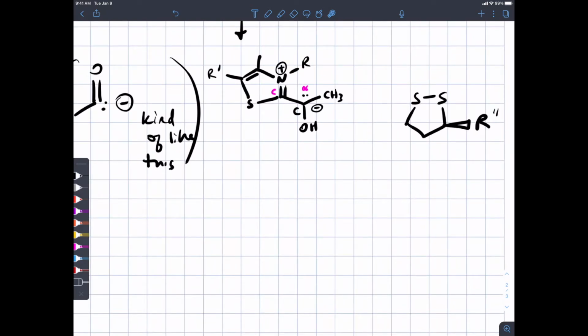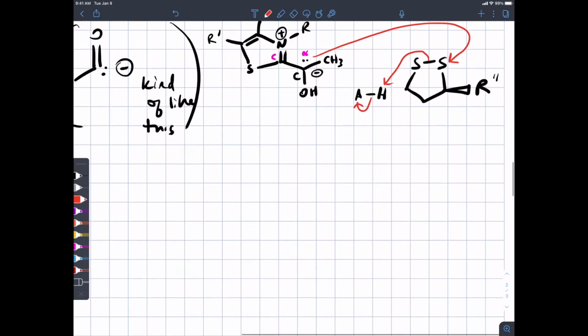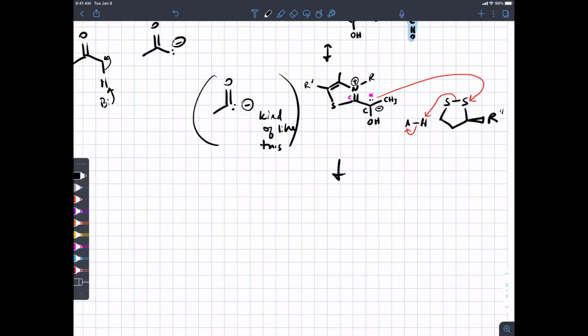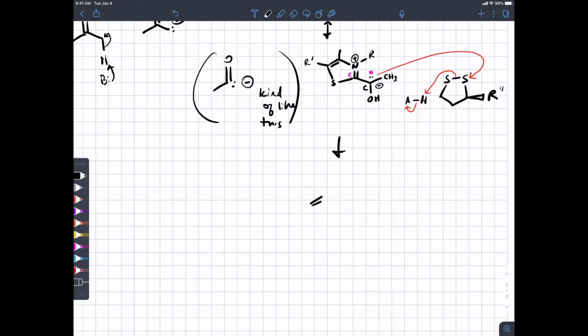And so what we will show is this negatively charged nucleophilic carbon attacking the disulfide, and there's evidence that it attacks the internal one here. I don't really think that detail's that important. And we pick up a proton on the other sulfur. And the intermediate that we form when we do that looks like this. Still got a positive charge on the nitrogen.